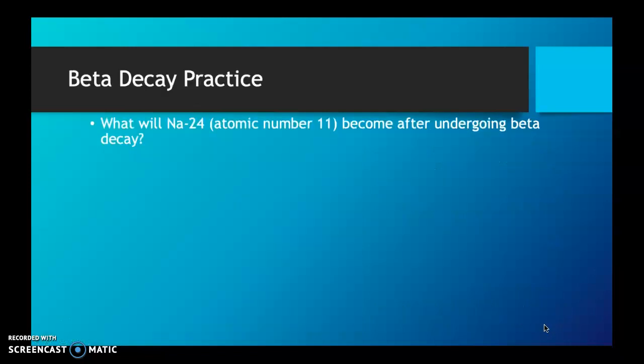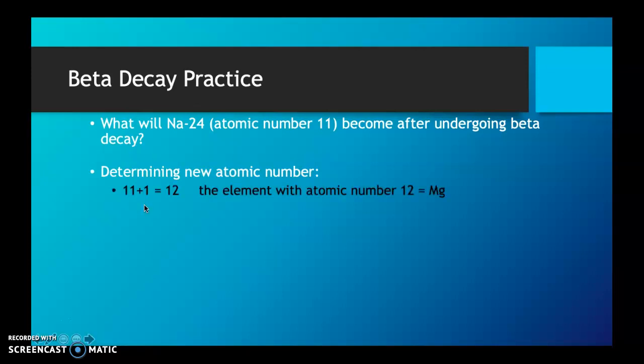Okay, one more example. Sodium 24. Atomic number of 11. What will it become after beta decay? Again, first thing you do is determine the new atomic number. 11 plus 1, because 1 neutron became a proton, is 12. So my new element has an atomic number of 12.